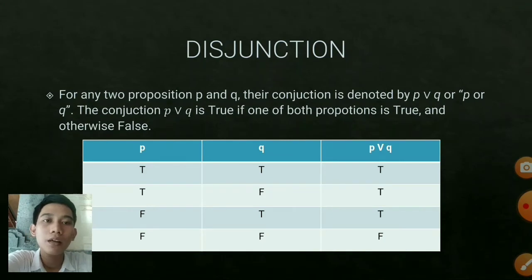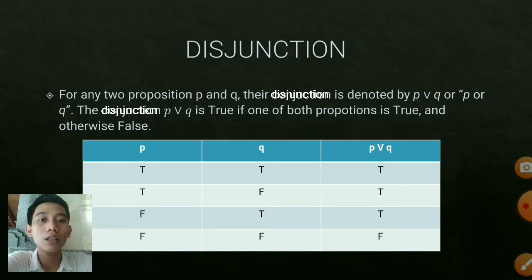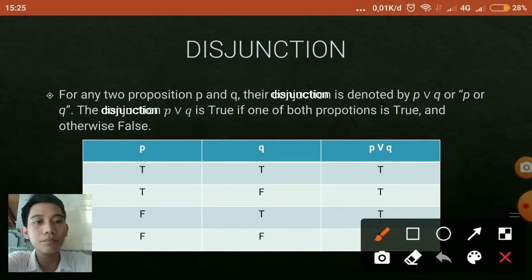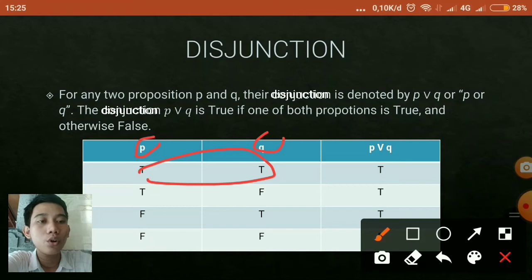Next, disjunction. For any two propositions P and Q, their disjunction is denoted by P or Q. The disjunction P or Q is true if at least one of the propositions is true, and otherwise is false. Like if P and Q are true, then P or Q is true.